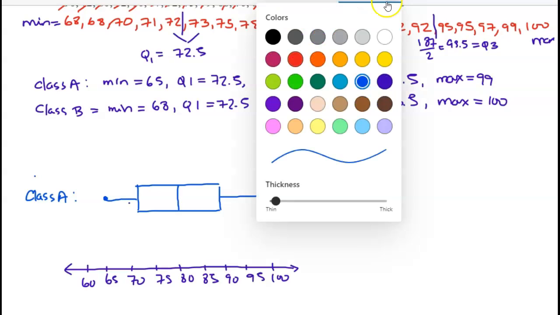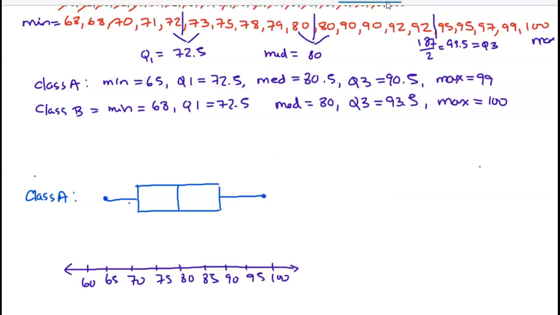All right, let's do the same with class B. Okay, so we put a dot at the minimum, which is 68. And the maximum, there's a dot at 100. And the bars, 72.5. The median is at 80.